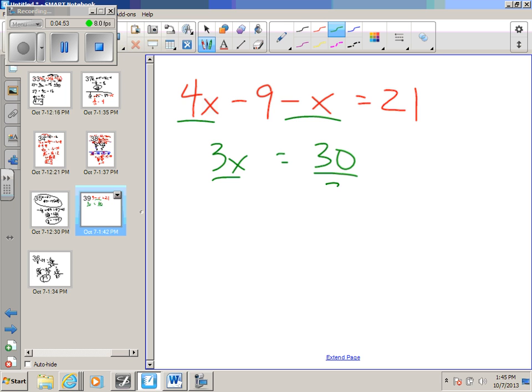Divide both by 3. X equals 10. Plug it in. 4 times 10, 40, minus 9, minus 10 is equal to 21. 40 minus 9 is 31. 31 minus 10, 21.